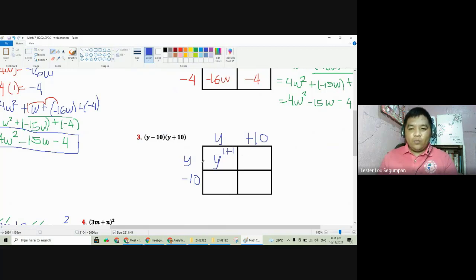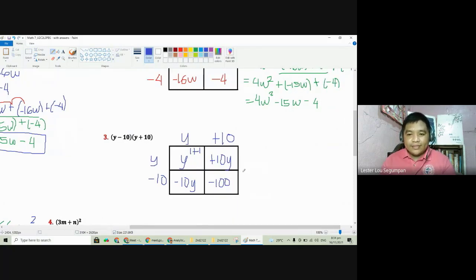Here you have y times positive 10, as you have positive 10y. Negative 10 times y, this vertical item here, is negative 10y. And finally, the result for negative 10 times positive 10 is negative 100.